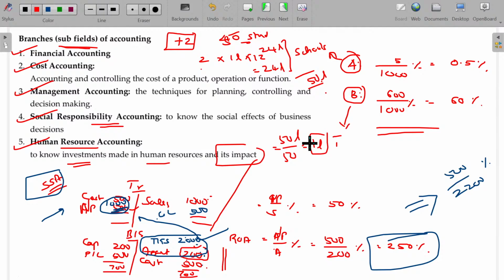Okay, if any private school demands 1 lakh per plus 1 student, what will be your comment? Sir, this is robbery, sir. These private schools are cheating. They are swindling the money. But have you calculated this one? This is the reality. The government spends 1 lakh to educate a student in government schools for 1 year.